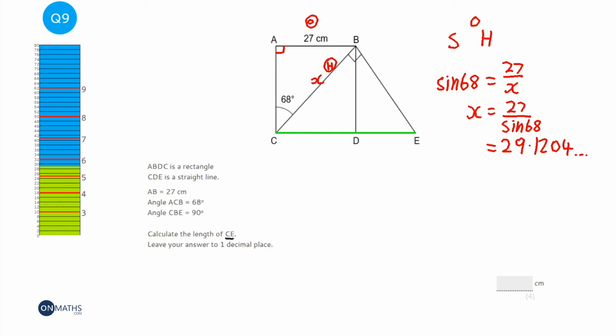So the next thing I need to do is work out CE. Now I'll need this angle here, which actually I can just take away 68 from 90, because it's a rectangle, the whole thing will be 90 degrees. So I'm just doing 90 take away 68, which is 22. So that's 22 degrees. Now I'm looking for this one, so CE.